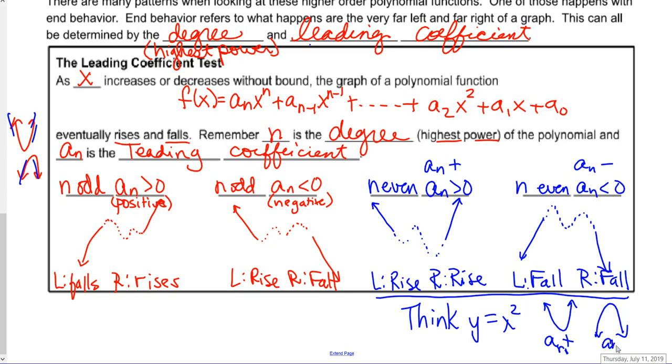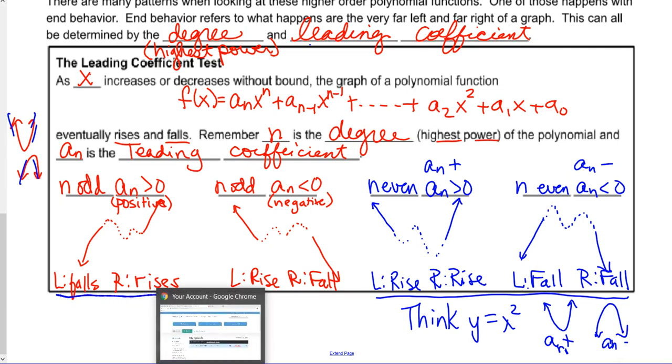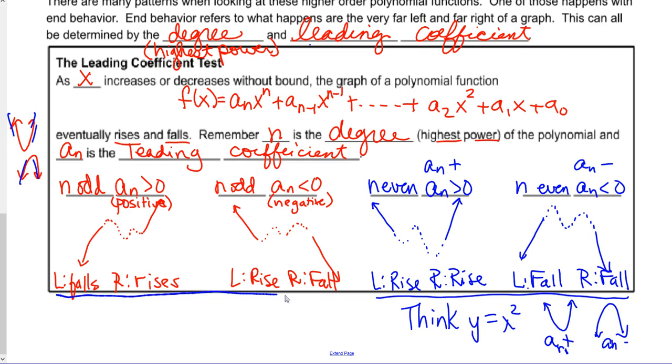Okay? Now, on this side, when we have the odd power, the odd degree, what I want you to think about is y equaling x cubed. We have not done as many x cubes as we have x squareds, but if you think y equaling x cubed, it's like that little squiggle.